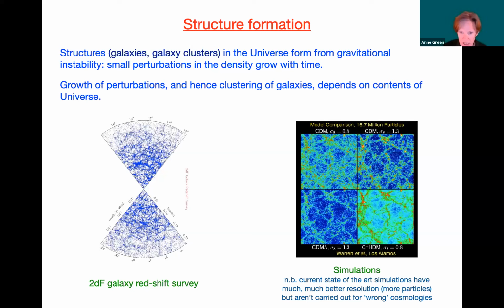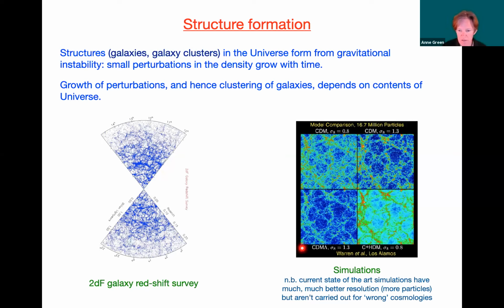I'll tell you what the definition of this quantity sigma 8 is in a moment, but it essentially measures the amplitude of the fluctuations on the scales corresponding to galaxy clusters. So 1.3 is bigger initial fluctuations. And so you can see if you increase the size of the initial fluctuations going from left to right, you're increasing the contrast. The denser regions are denser and the emptier regions are emptier.